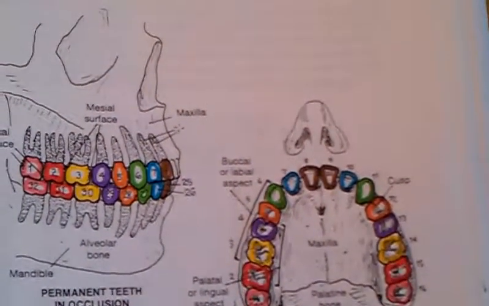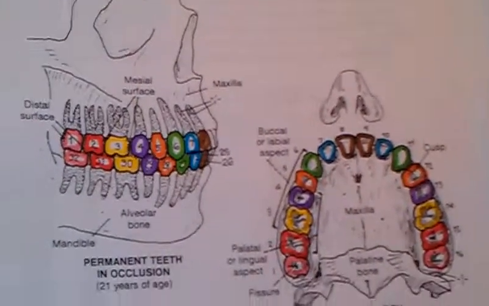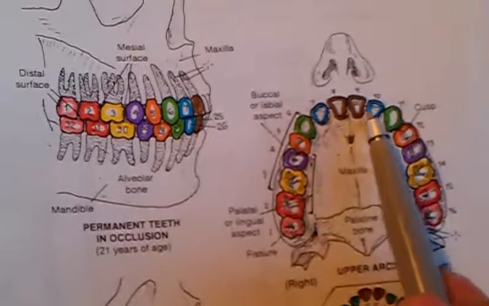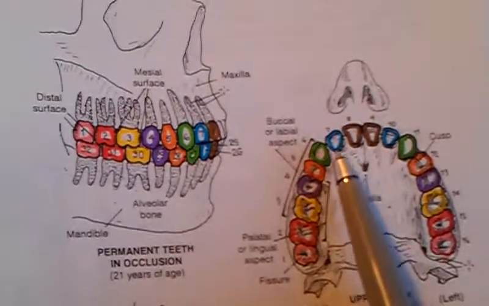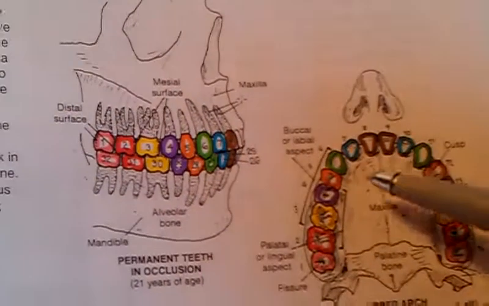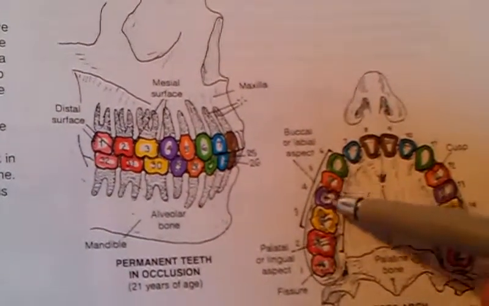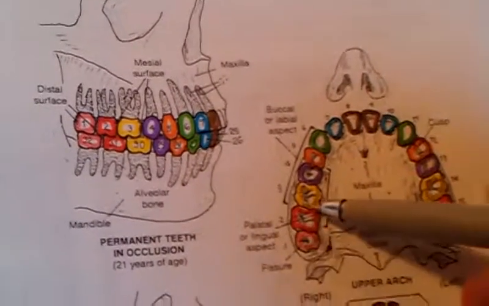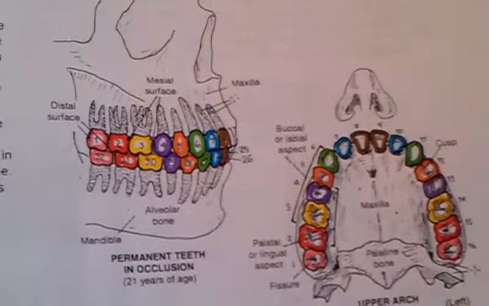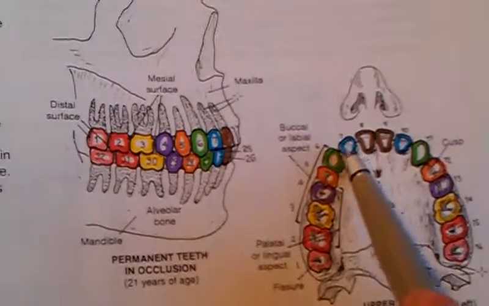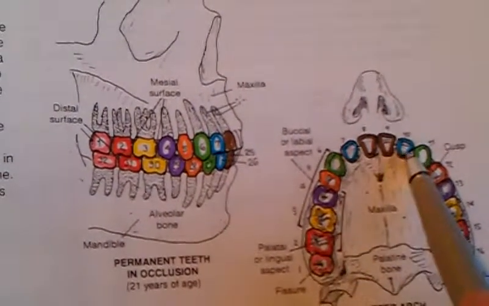We have 4 kinds of teeth. We have incisors, canines, premolars, and molars. The incisors are central and lateral, so we have 4 incisors as an adult.